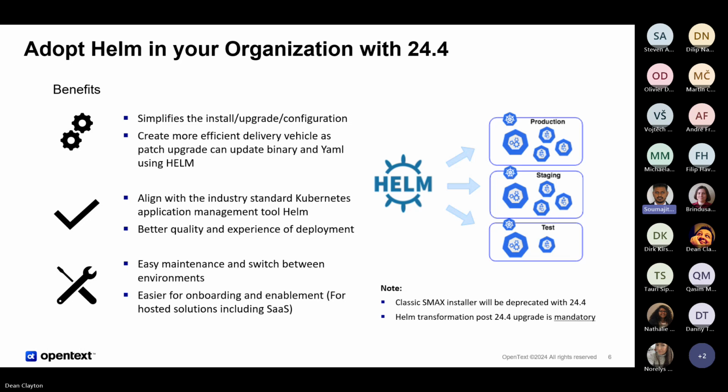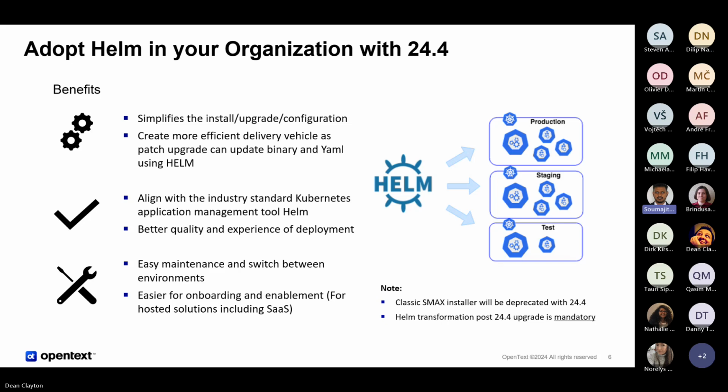One of the important points to note here is the classic way of installation of SMAX is deprecated with 24.4. Helm transformation when you do an upgrade to 24.4 is mandatory. To move forward with 25.1, 25.2, and so on, it will always have to be via Helm charts.